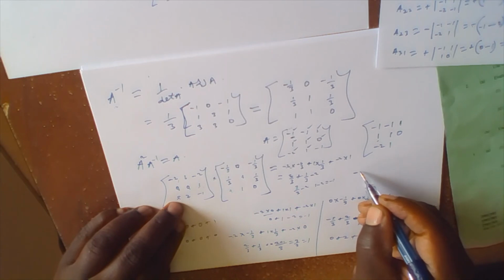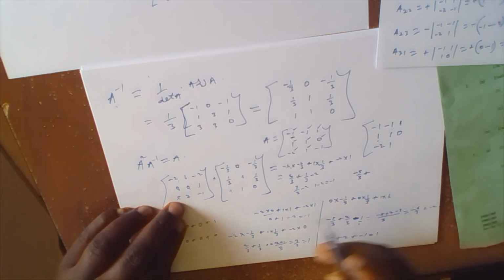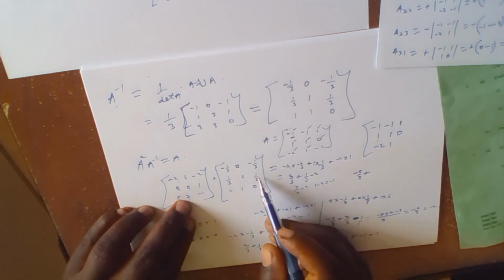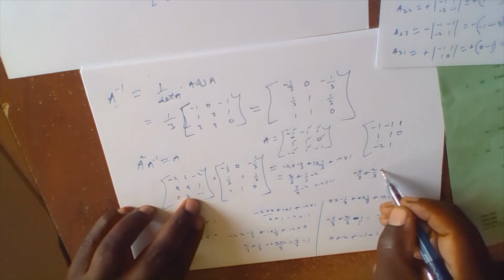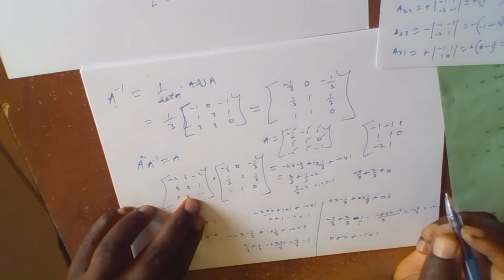We have negative 5 all over 3 plus 2 times 1 all over 3, we have 2 all over 3, and then plus negative 1 times 0, we have 0.